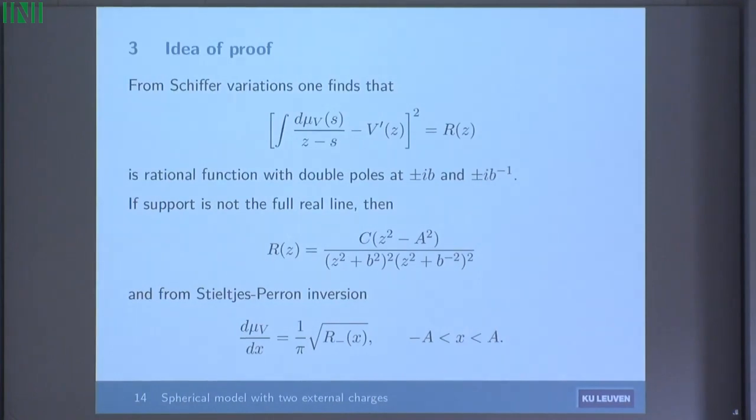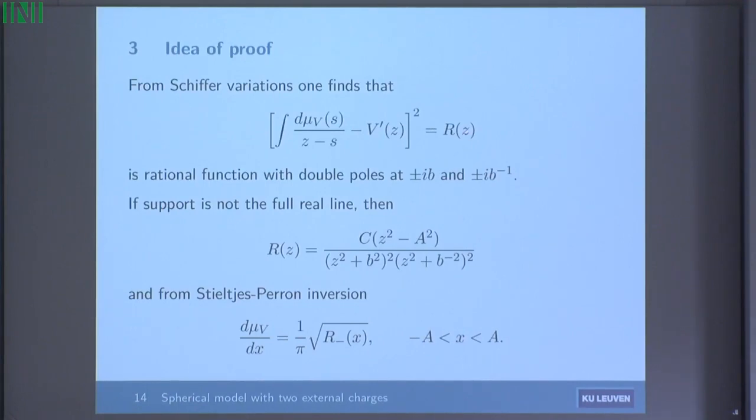And then you can look at the behavior at infinity of the left-hand side here, for z going to infinity in the complex plane, and also for z going to these special points, the poles on the imaginary axis.